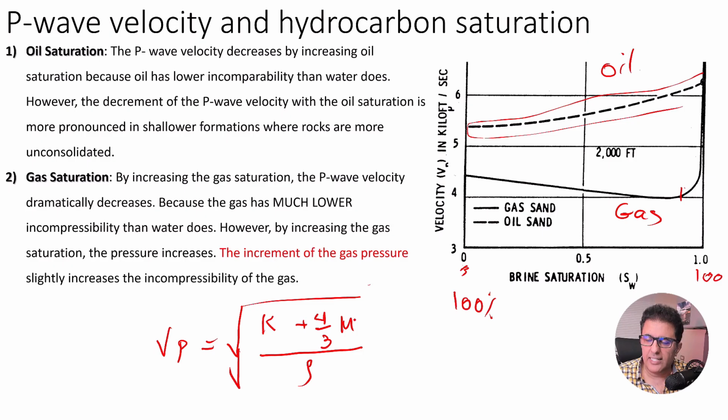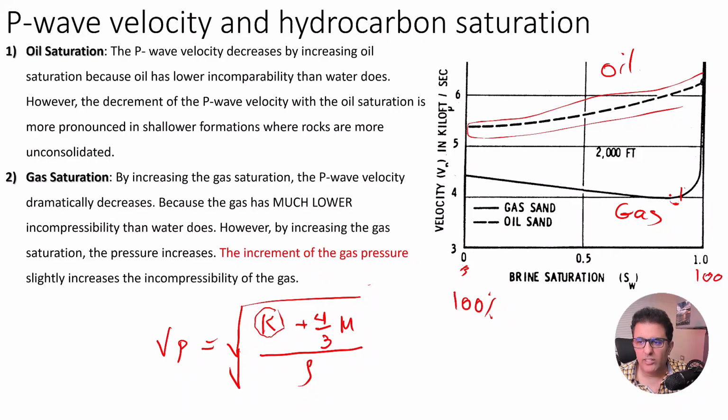So what I'm saying is that once we inject a little bit of gas into the rock, the incompressibility of the rock will drop significantly, and that's the reason we see that huge drop in the seismic velocity. But as you see here, at a specific saturation, after that specific saturation, the seismic velocity increases a little bit.